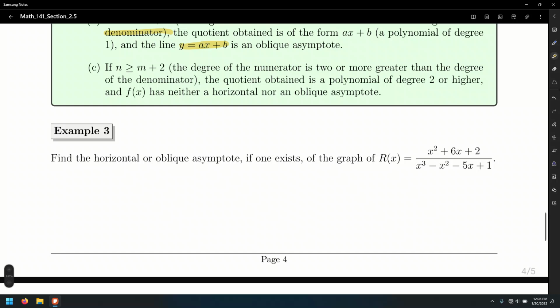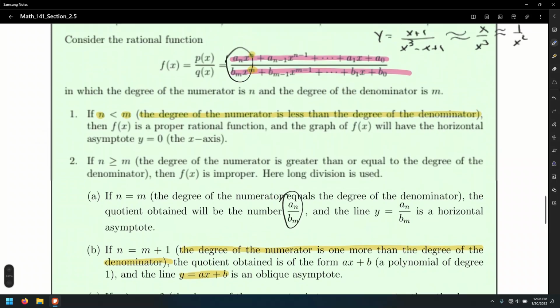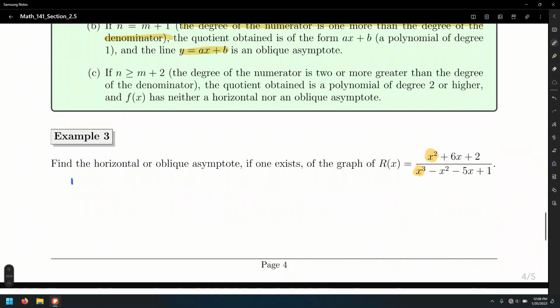When we focus on the leading terms, we have x squared over x cubed, and we can see that the degree in the denominator is higher than the degree in the numerator. That is, we have the first case where n is less than m. That means y equals 0 is the horizontal asymptote.